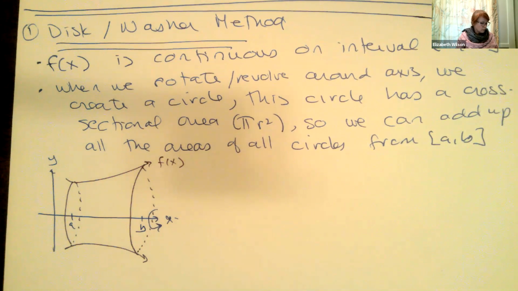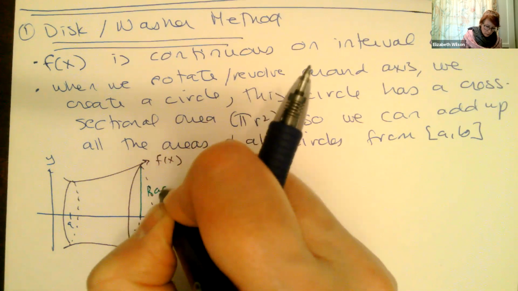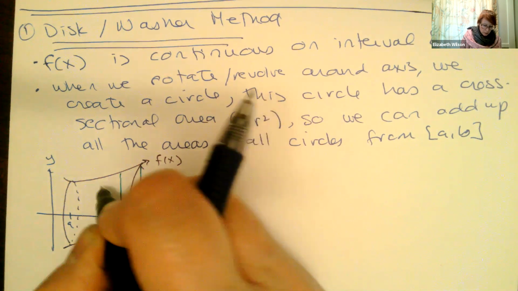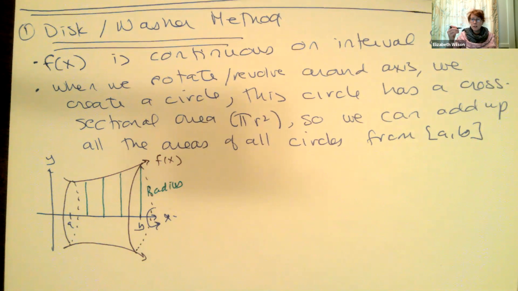Within this, I've got a radius, but my radius is changing. You can imagine here's a radius, here's a radius, here's a radius. My radius is really just the difference between my function and the axis that we're revolving around. That's the height.